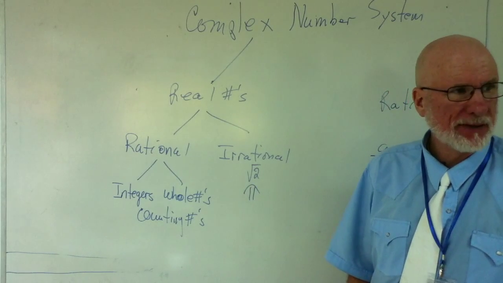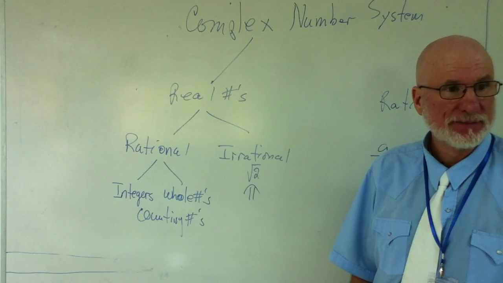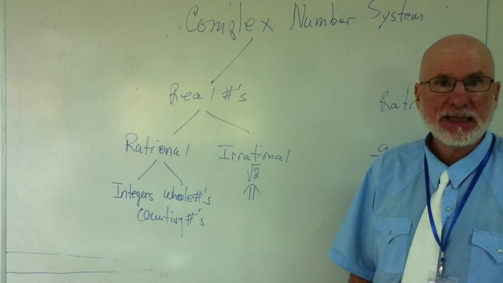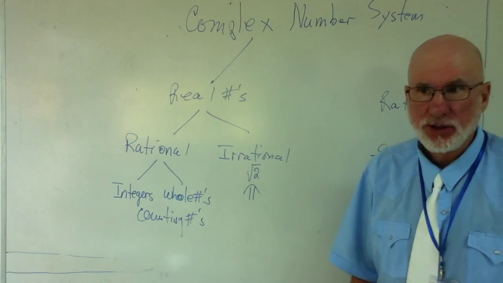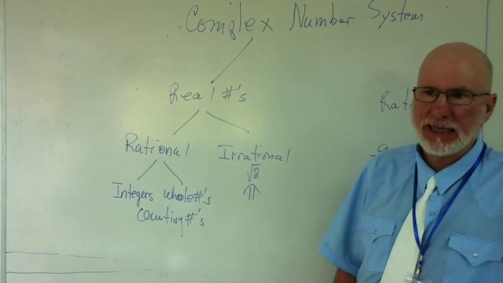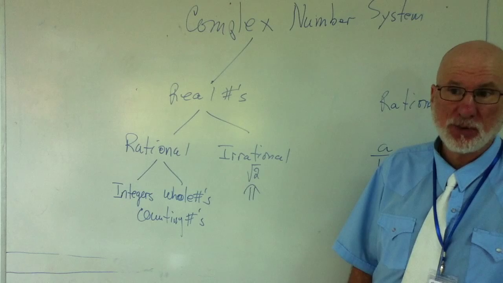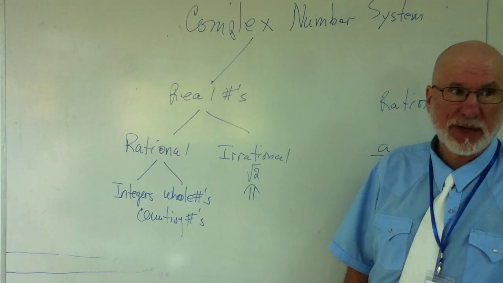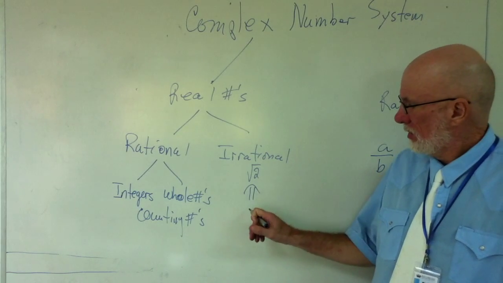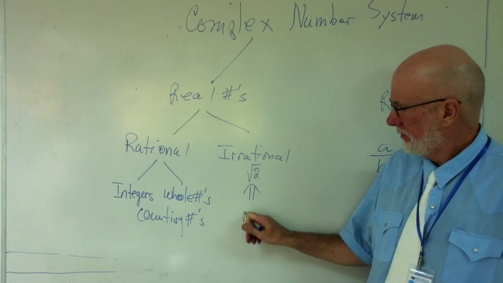Pi. Yeah, pi is irrational. Don't worry about what pi is. You'll figure it out. We're going to do a lab on pi this year, a lab to discover pi. Yeah, the real pi is a number.